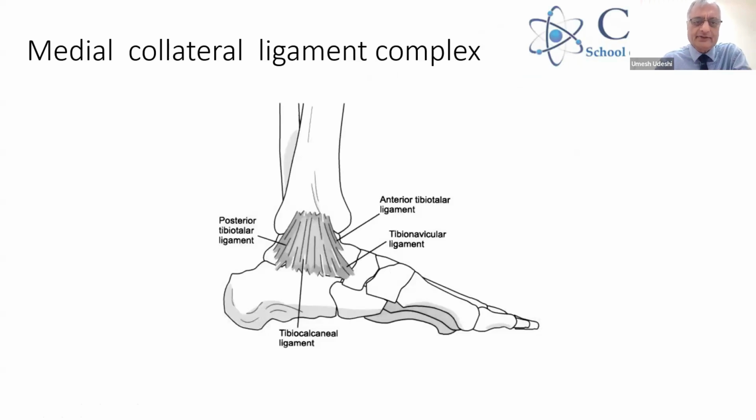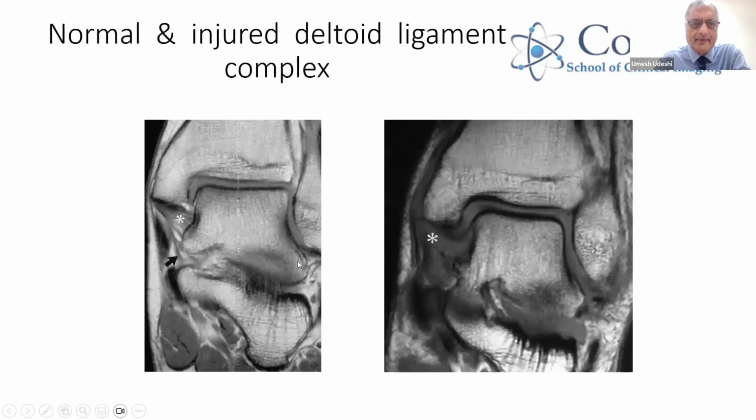Then turning to the medial side, this is more of a sheet, the deltoid ligament, but on MRI we sort of separate it into three components: the anterior and the posterior tibiotalar ligaments, and the tibiocalcaneal ligament in the middle.